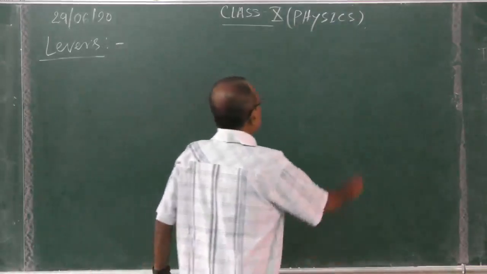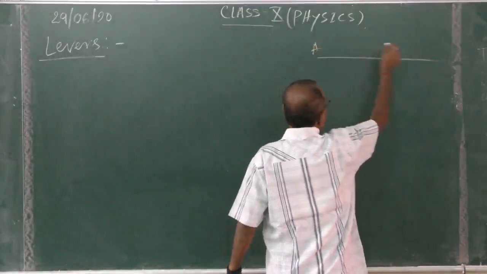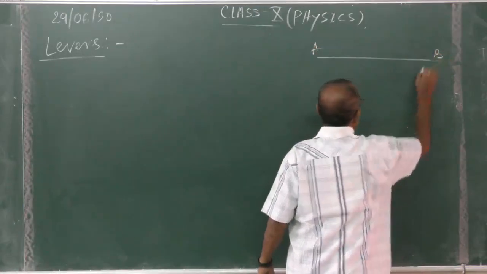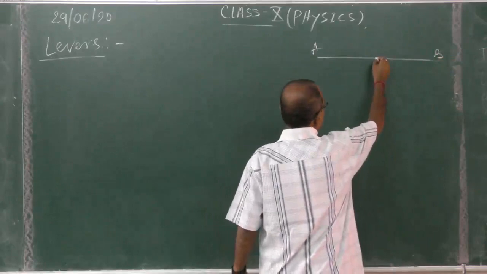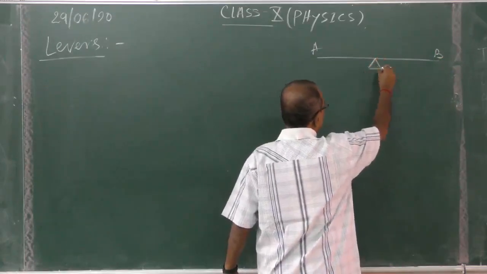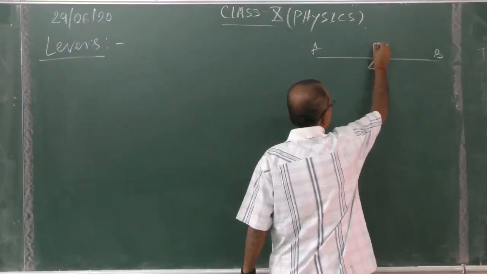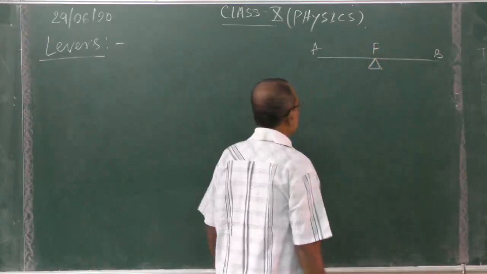Now, this is a straight rod, say AB. And there is a fixed point or fixed axis about which it will rotate. This is known as the fulcrum.